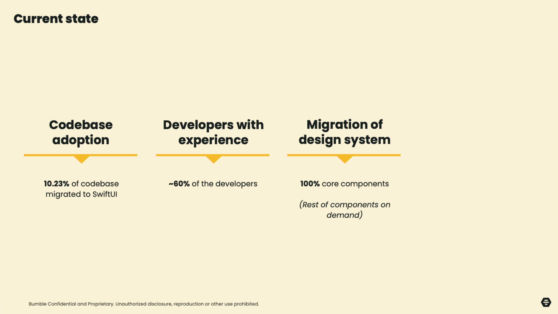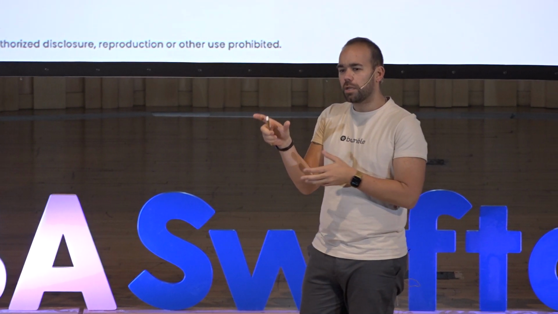And now the rest of the components are done on demand. So if we need a feature that requires a specific component, we write it. It doesn't really take much time because SwiftUI is good, especially with small components or pure UI components. It's really good. So it's not a big deal for us.